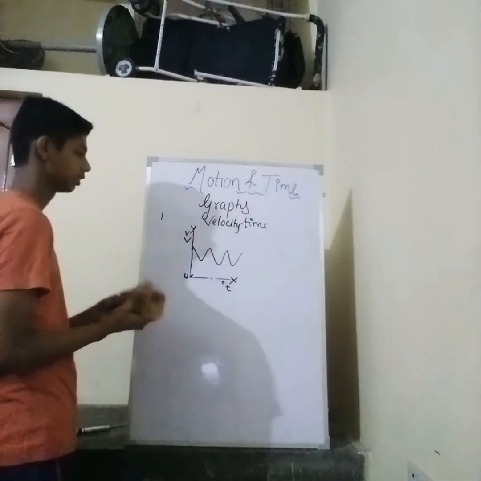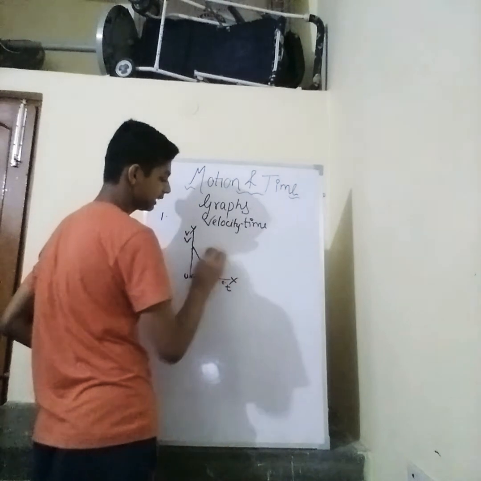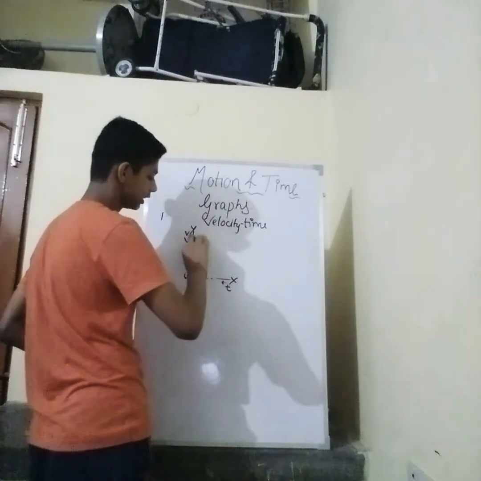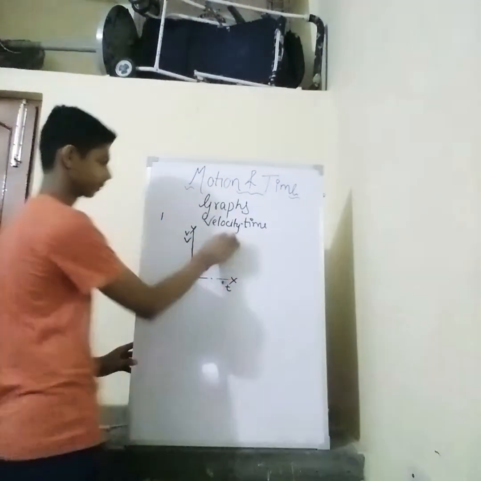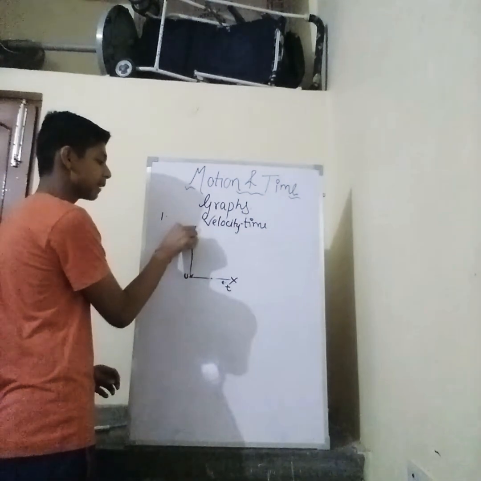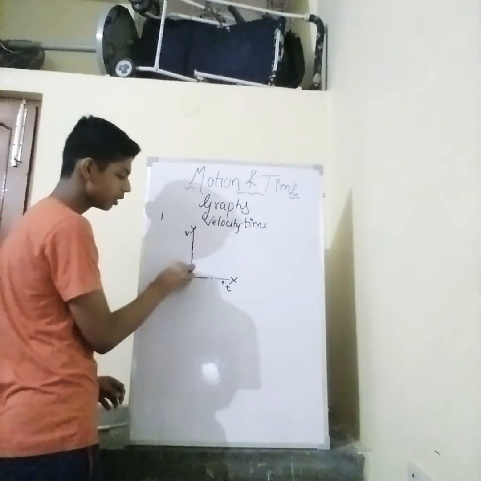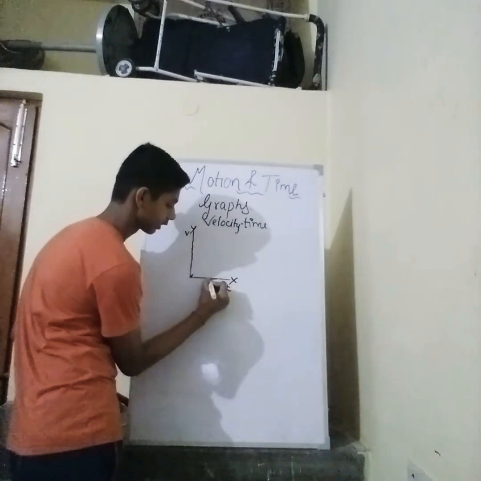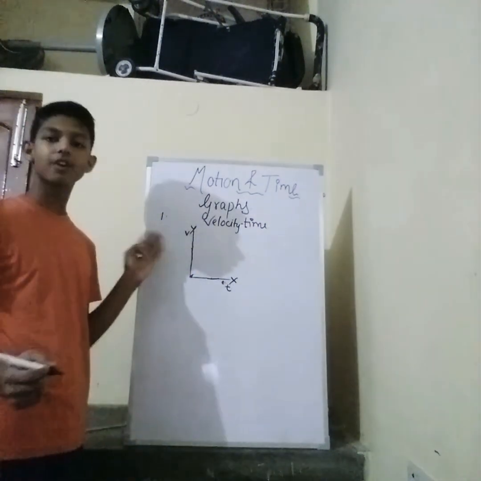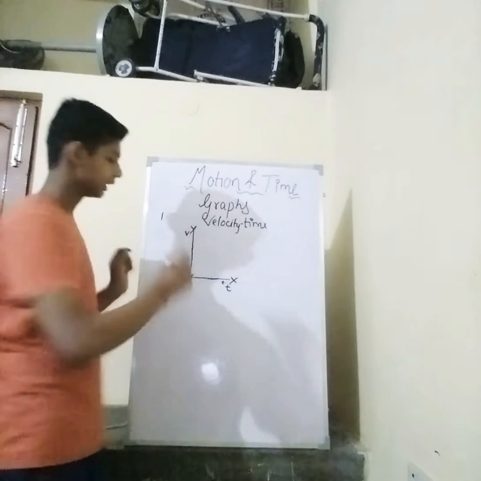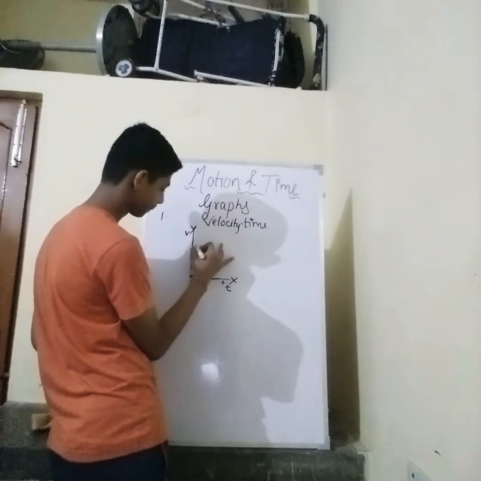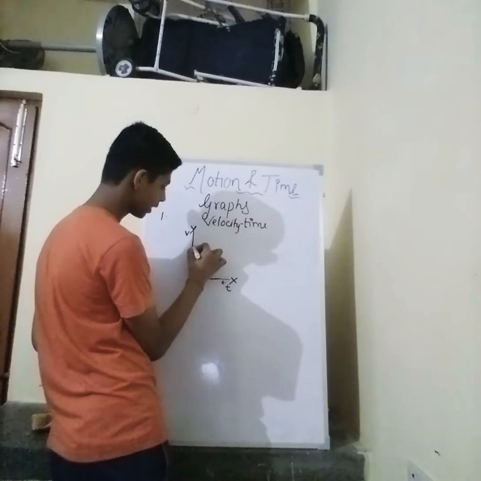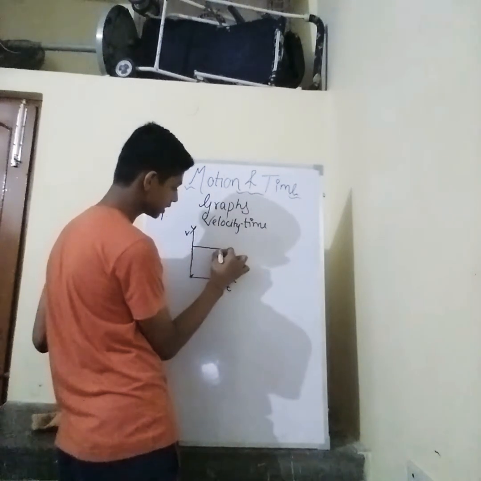Now we can calculate displacement from the velocity time graph. How? I am discussing here. Calculating displacement from the velocity time graph is like this. Suppose you are going with uniform velocity.